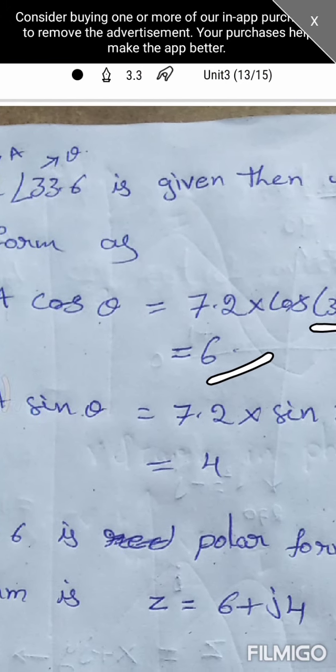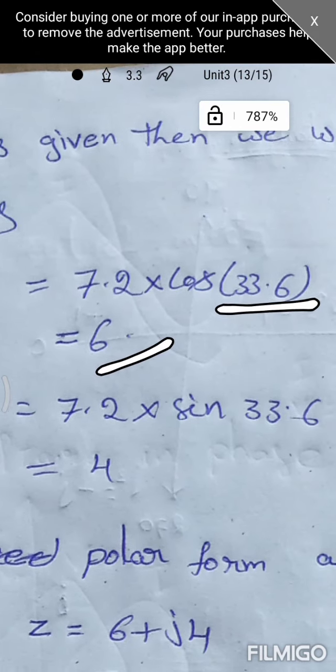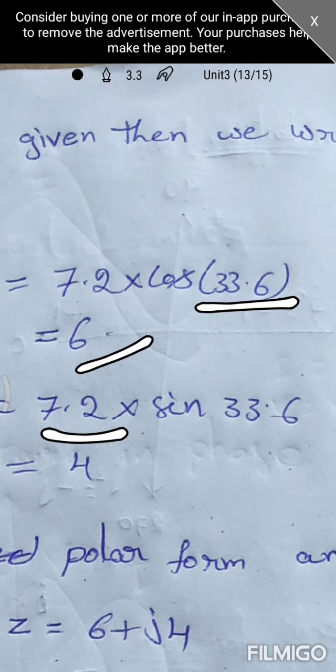Similarly, if you want to find out Y is equal to A sin theta, if you apply these values, A as 7.2 and theta as 33.6, and simplify this one, we are getting Y as 4. That means Z is equal to 6 plus j4.